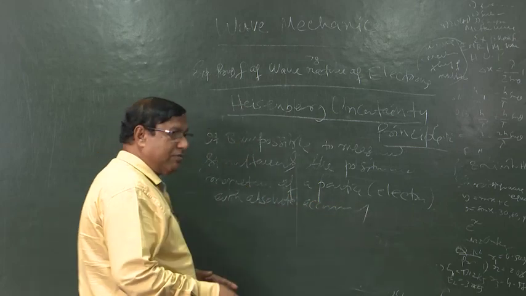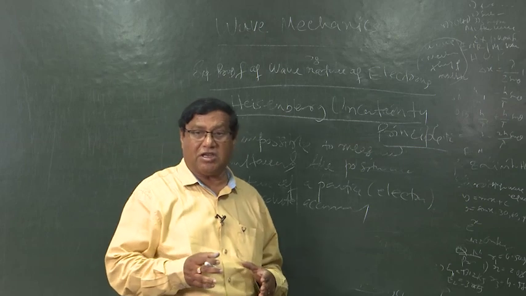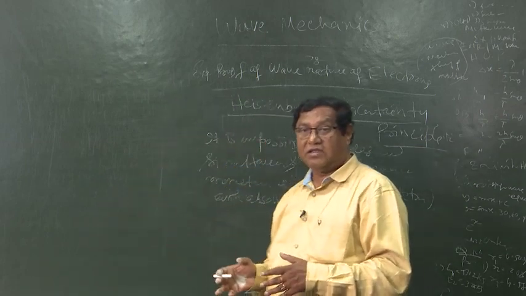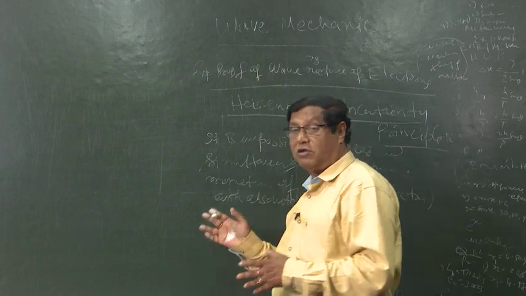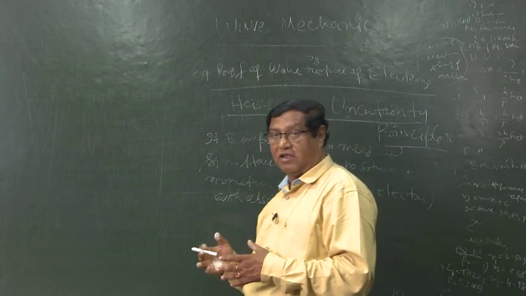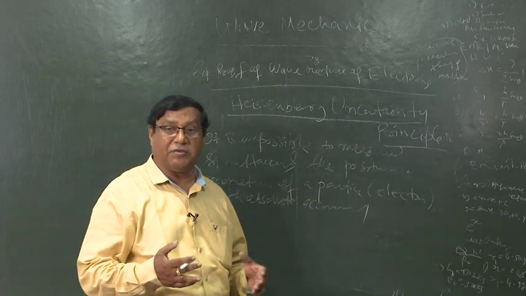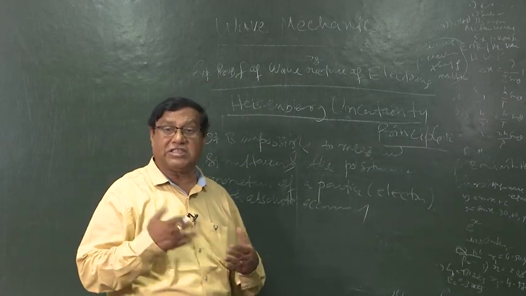That means if we determine both the position as well as the momentum of an electron at the same time, then it is not absolutely correct, because there is an error in determining the position as well as the momentum if you do both at the same time.